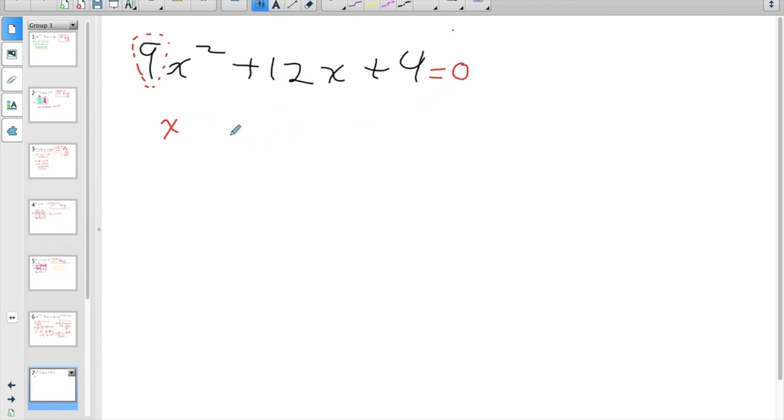If we divide everything by 9, that's going to give us x squared plus, here, 12 divided by 9 is going to be 4/3 x, and then 4 divided by 9 is 4/9.